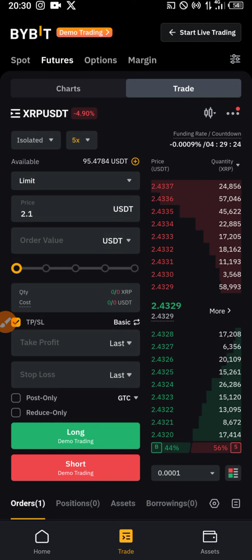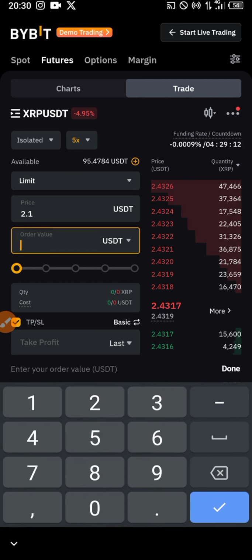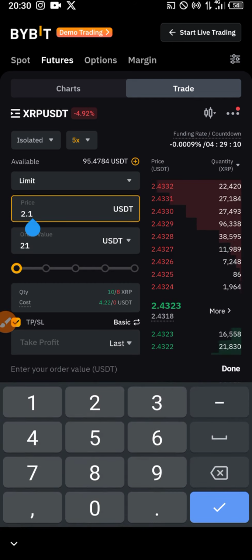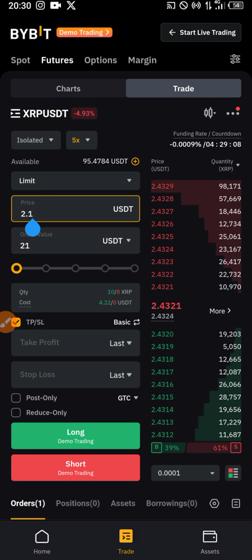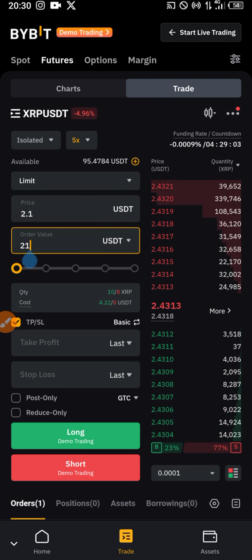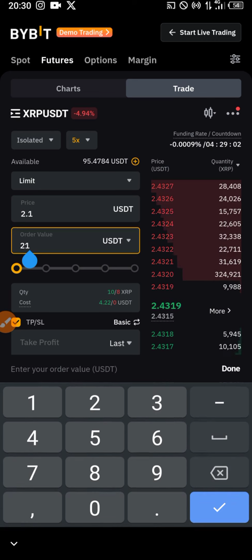The price is 2.1, and let's say the order value is 25. I want to show you how these fees are calculated.